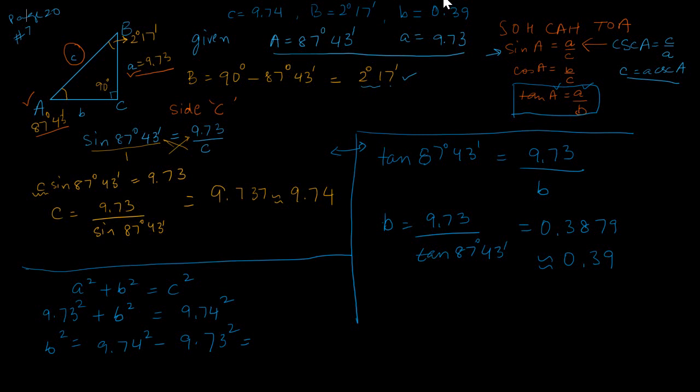So I'm going to quickly do it in our calculator, and this comes out to be 0.1947. Taking the square root on both sides, we get b equals square root of 0.1947, which is 0.44.